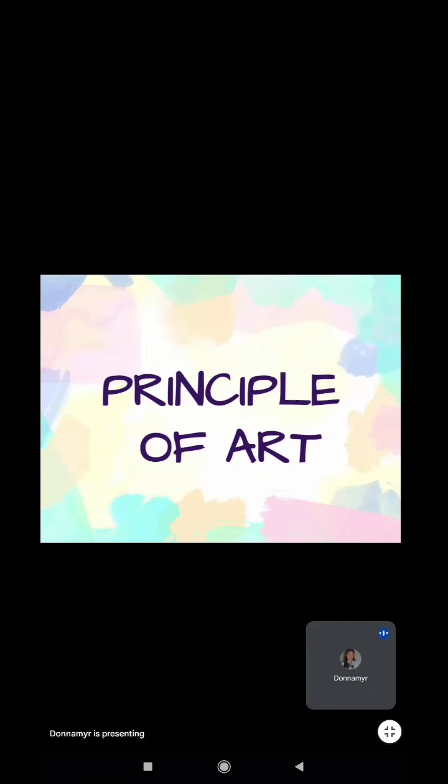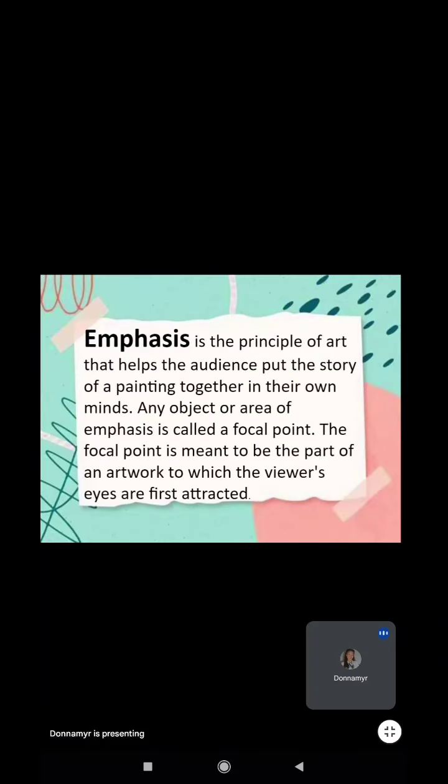So, the first principle of art natin is emphasis. So, what is emphasis? Emphasis is a principle of art that helps the audience put the story of the painting together in their own minds. Any object or area of emphasis is called a focal point.